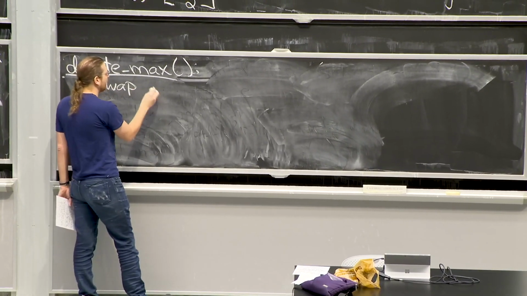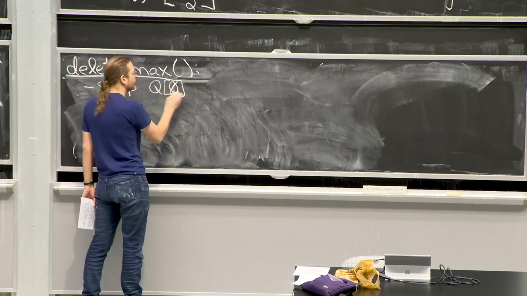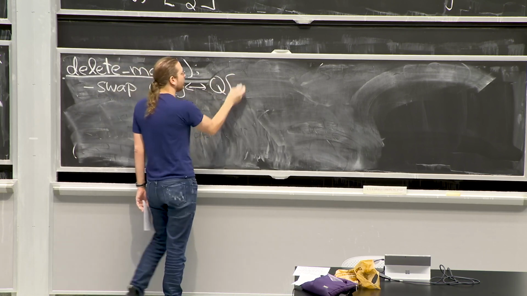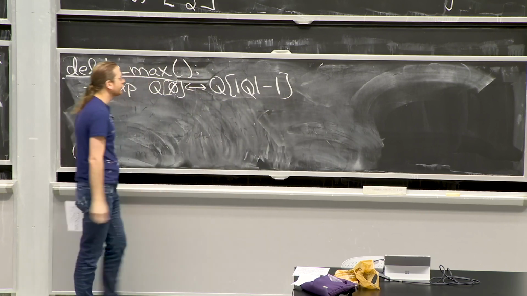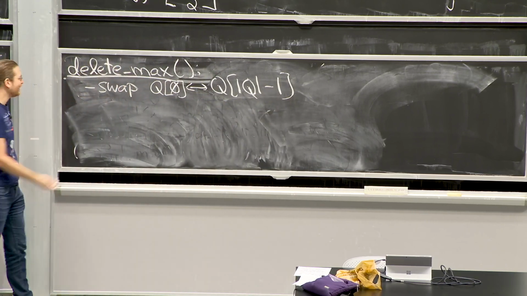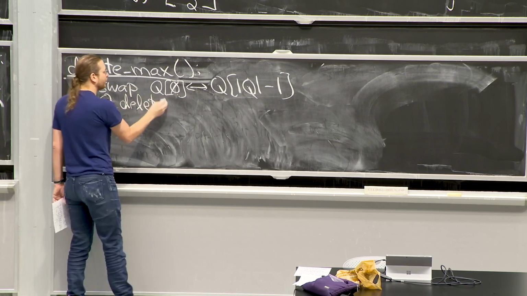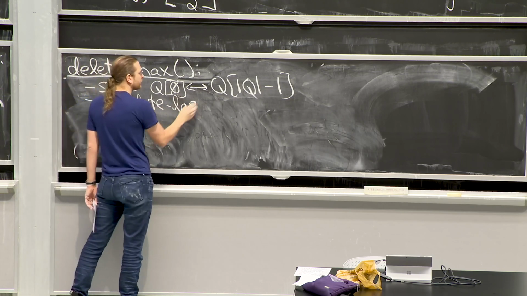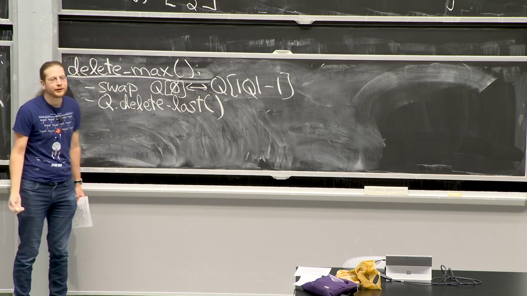Swap Q of 0 with Q of the last item. Great, done. Now the last item is the one we want to delete, so we do delete last, or pop in Python. And boom, we've now deleted the maximum item.